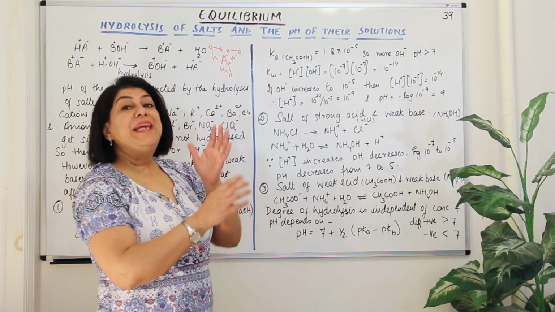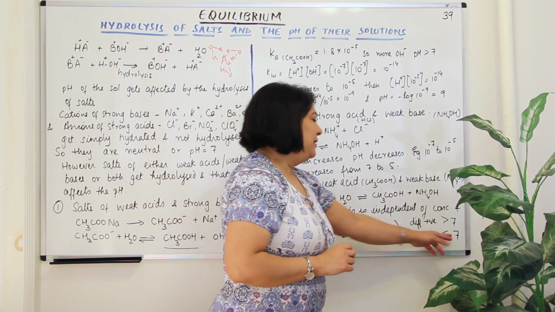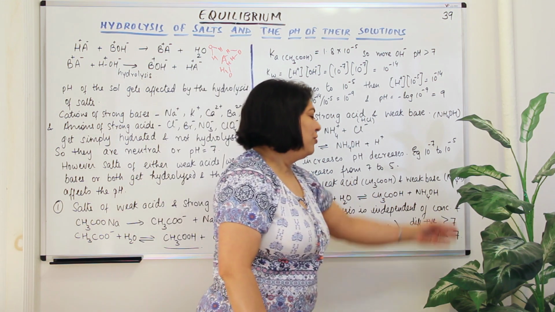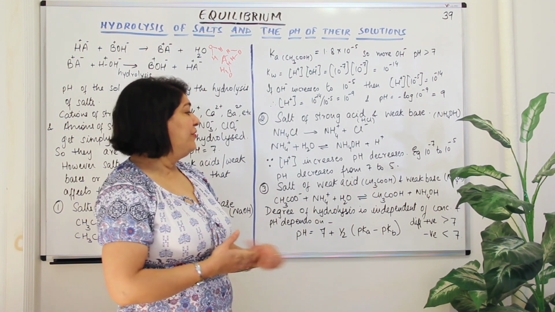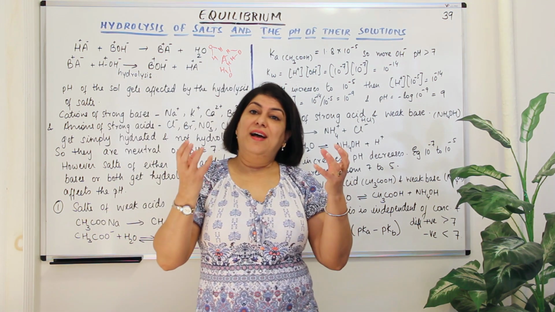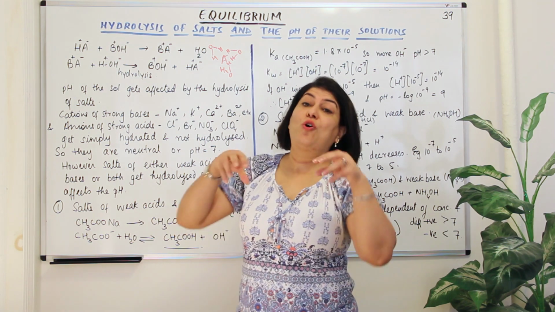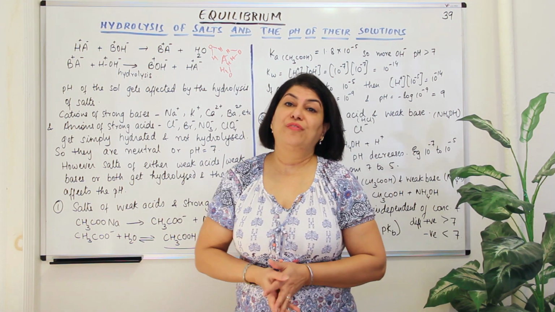How is the pH affected? If this value is negative, then the value of pH would go down, and if it is positive, the value of pH would go up. So that is the effect of the addition of salts that cause hydrolysis and how they affect the pH of a solution.